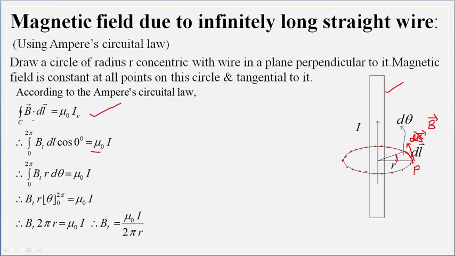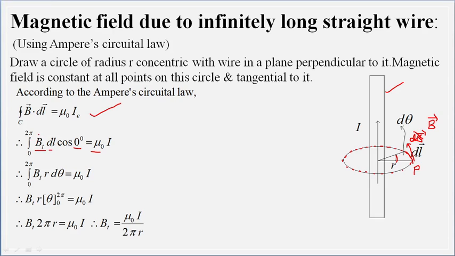B dot dl is B dl cos theta, and theta is 0, because the direction of dl and the direction of B coincide. I wrote B with a suffix just to show that it is tangential: B dl cos 0.